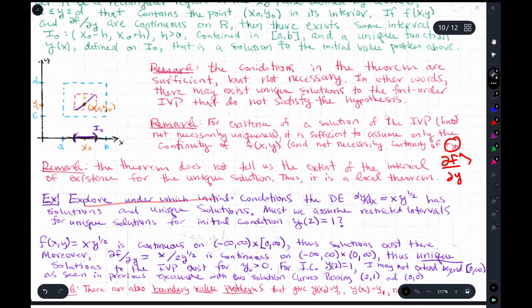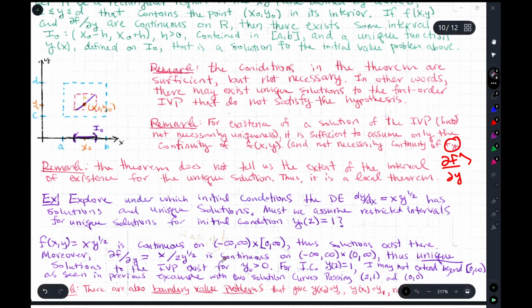So explore under which initial conditions the differential equation has solutions and unique solutions. Must we assume restricted intervals for unique solutions for the initial condition y of 2 equals 1? So here we have f of x, y is equal to x times the square root of y.